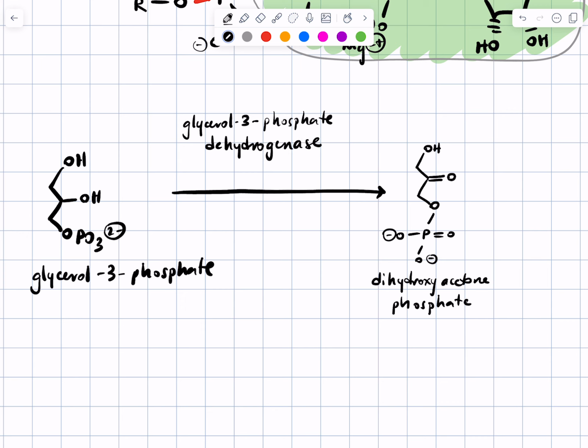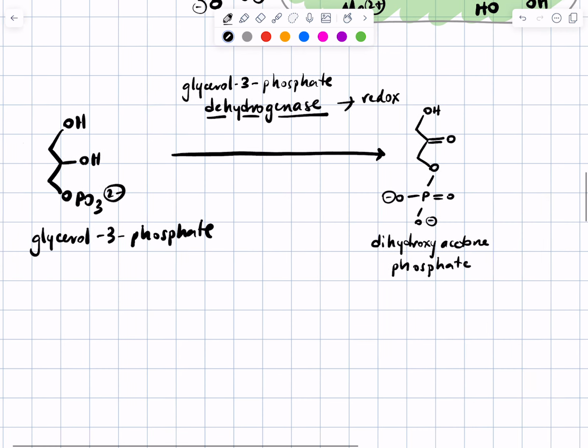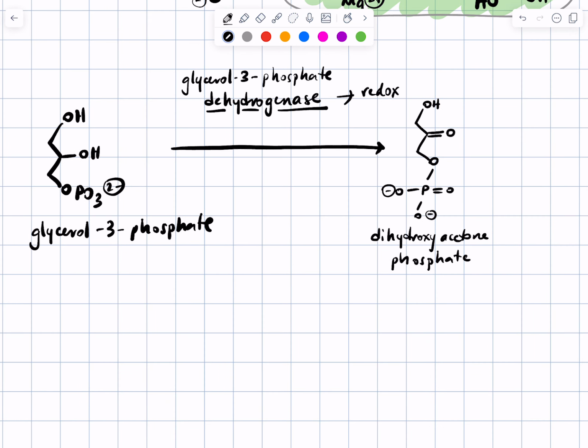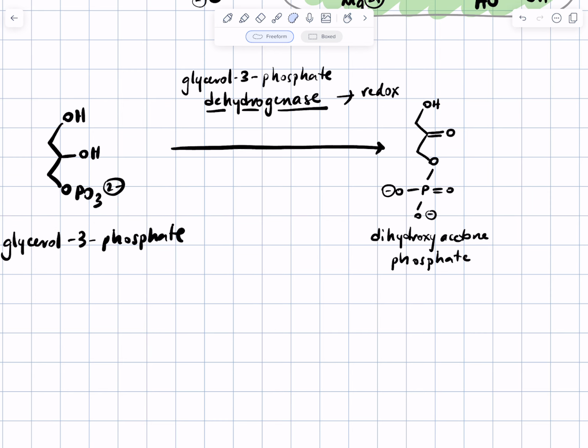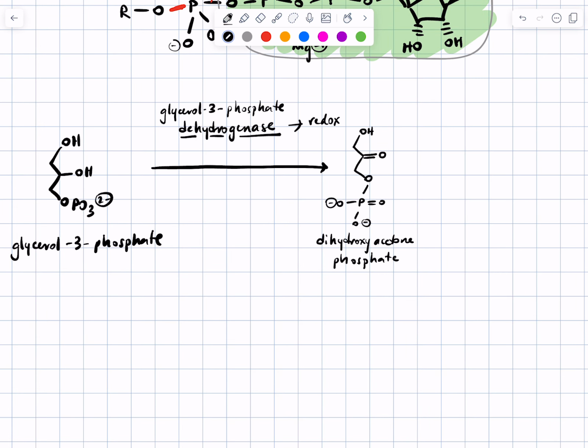There are a lot of ways to name enzymes that are involved in oxidation and reduction reactions, but in particular, the term dehydrogenase is a signal that this is an enzyme involved in redox reactions, meaning something's going to get oxidized and something's going to get reduced. In this particular case, we're going to use one of nature's oxidizing reagents, which is called NAD+. You've maybe seen NAD+ before, but probably haven't seen it used as a reagent.